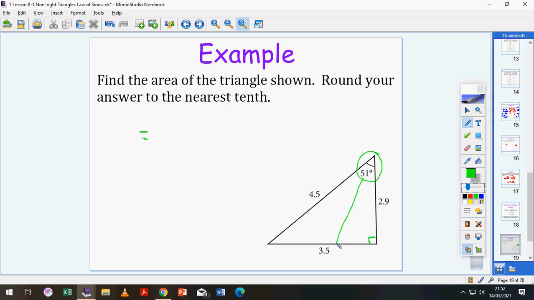I'll use these 2 sides that are sandwiching the angle. So my area will be half times 4.5 times 2.9 times the sine of the third side, which is the excluded side. So half times 4.5 times 2.9 times sine 51. That is 5.1 square units.